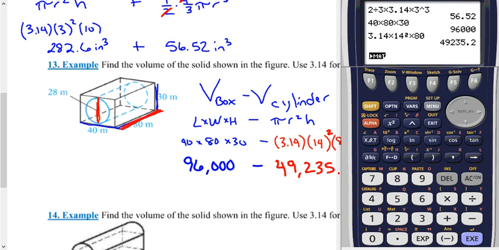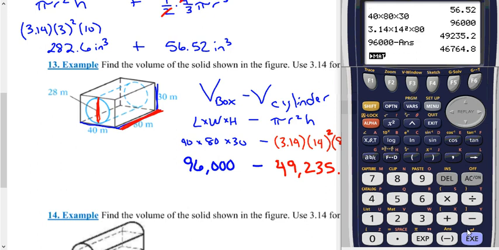Okay, so all we're going to do now is to take 96,000 minus, and I could type that in. I'm going to use my answer key. It's a nice way of making this go a little bit quicker. And all it does is it takes the previous output, whatever it just printed to the screen, and puts it in right there for this variable that's stored as answer.